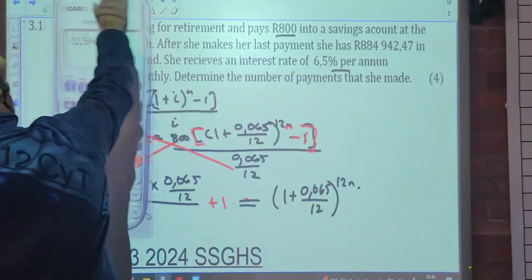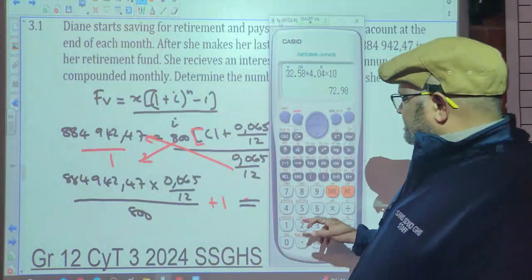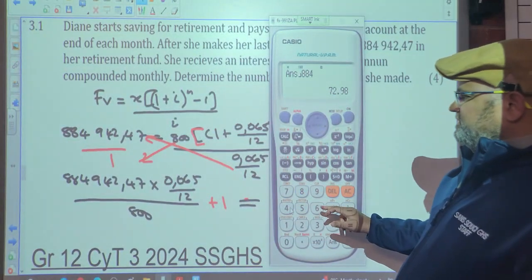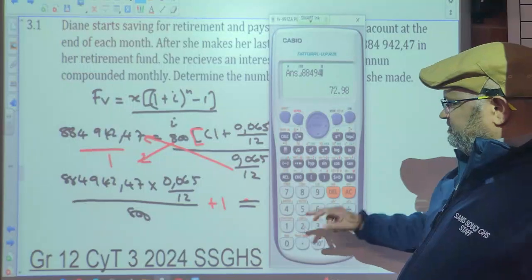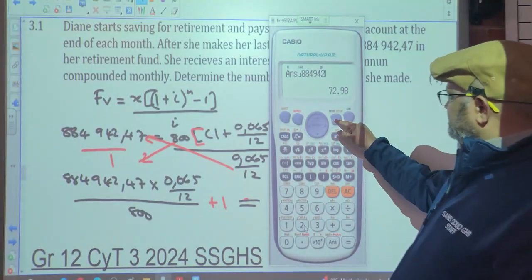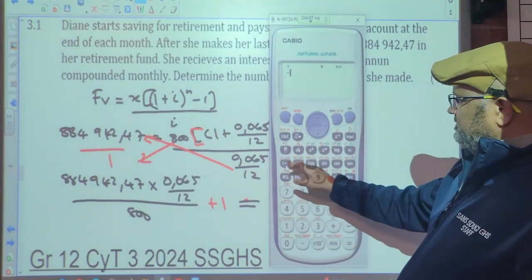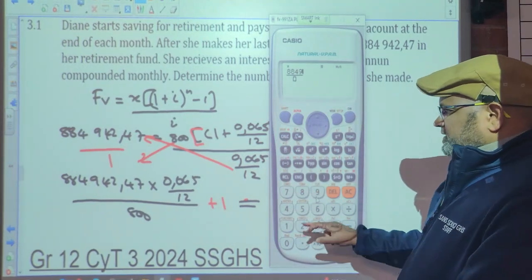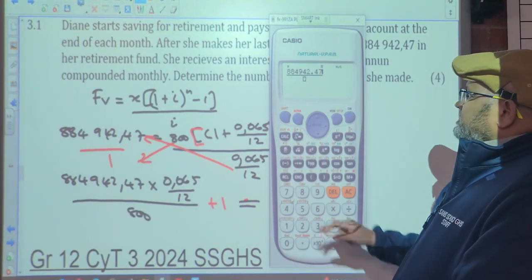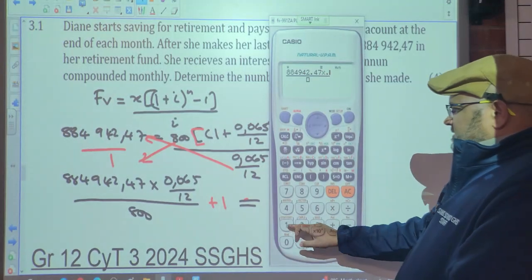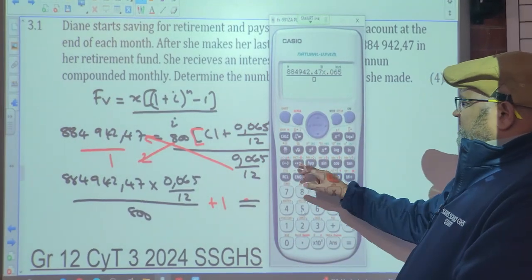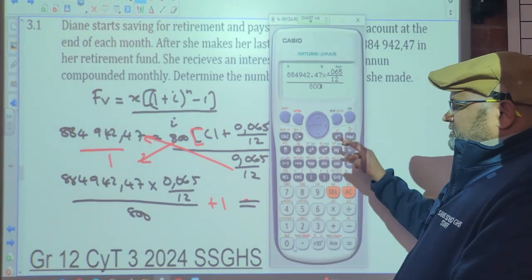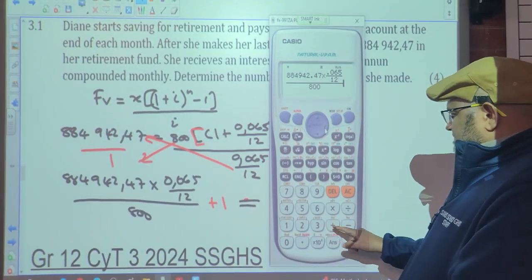What I'm going to do is put the left hand side here in the calculator: 884,942.47 multiplied by 0.065 over 12, divided by 800, plus 1.